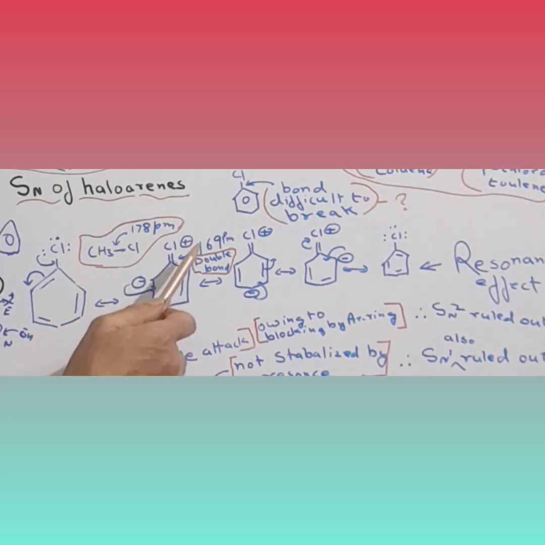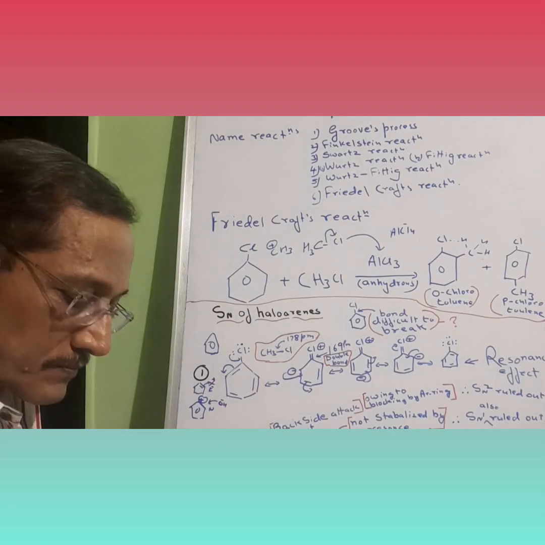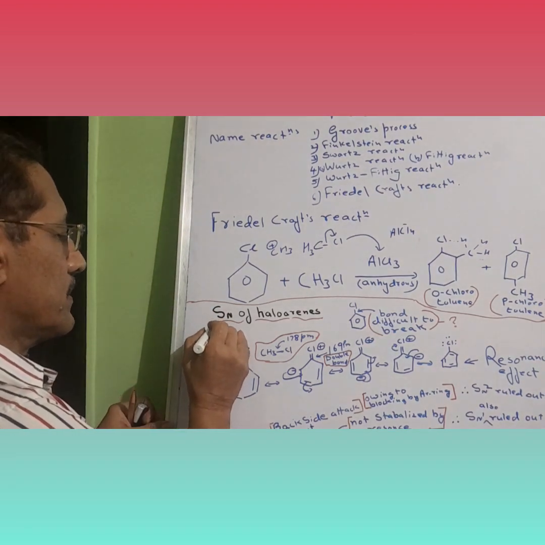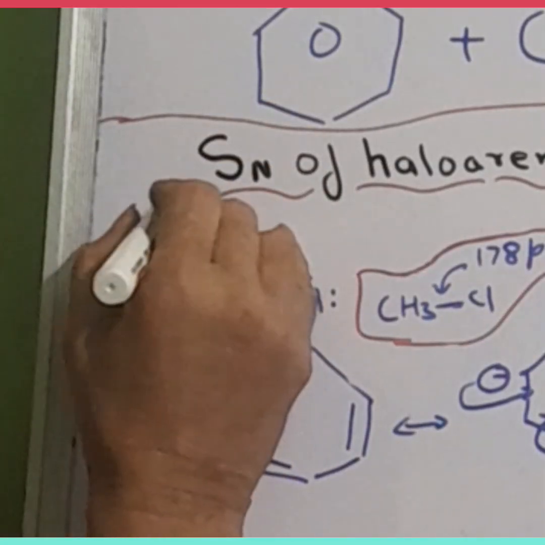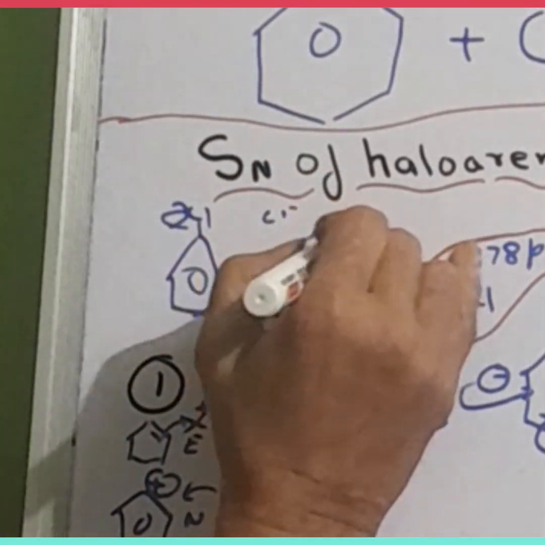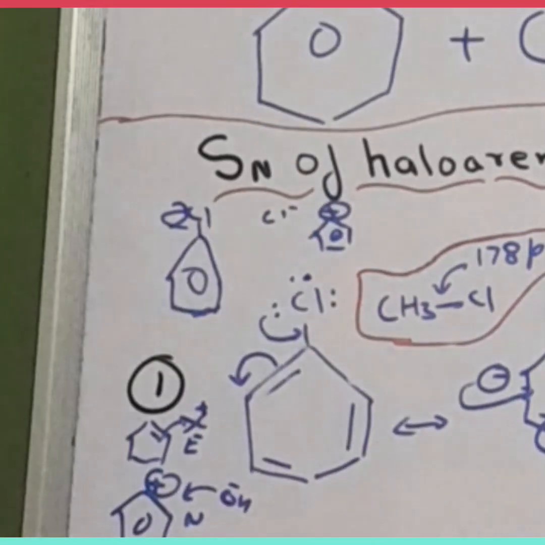So how can you break double bond, right? So no, it cannot go out as Cl minus. If I draw it over here, Cl, it has to go like this, right? It cannot go out as Cl minus and generate carbocation, right?